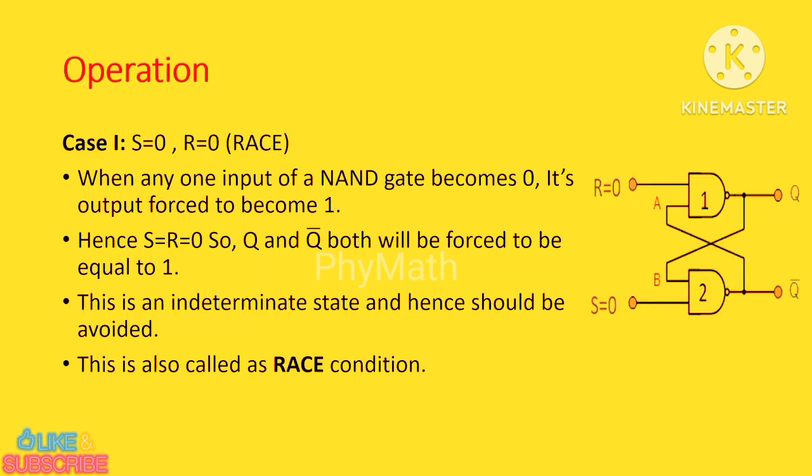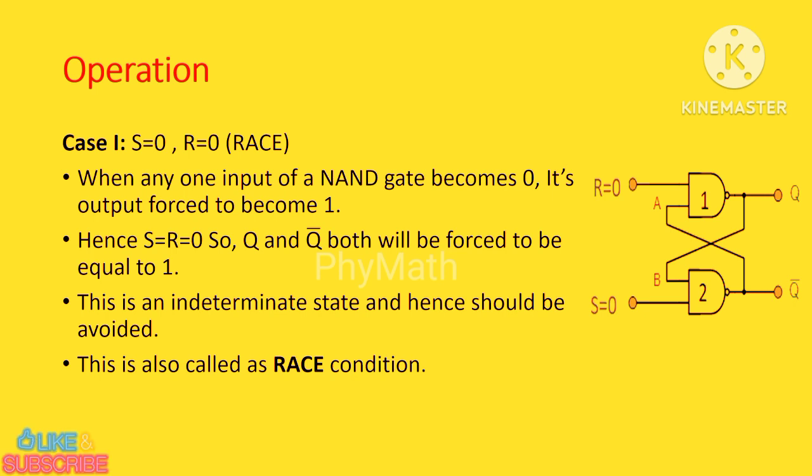Now for first condition, that is case 1, if suppose S equals to 0 and R equals to 0. Now let's move towards the circuit. Now in circuit, S equals to 0 and R equals to 0. Now as per the truth table of NAND gate, we know if any one input to the NAND gate is low, then output is high.